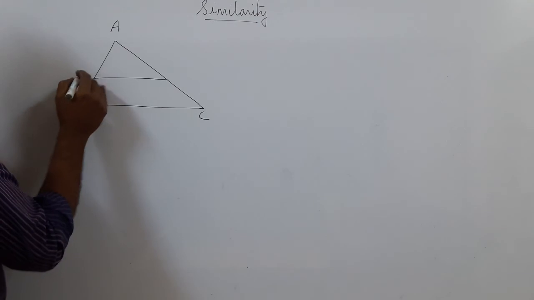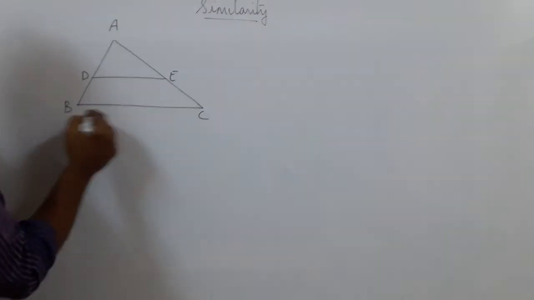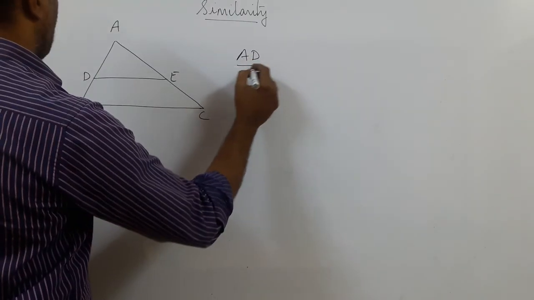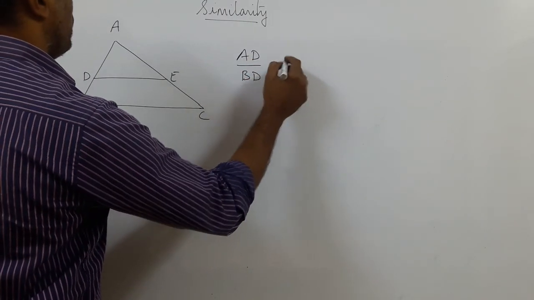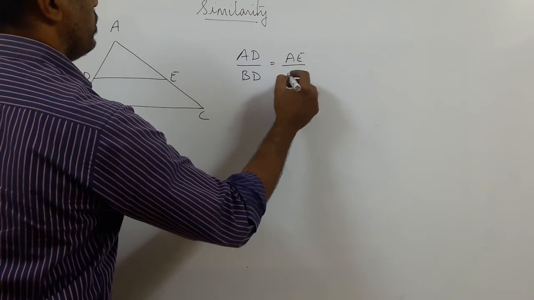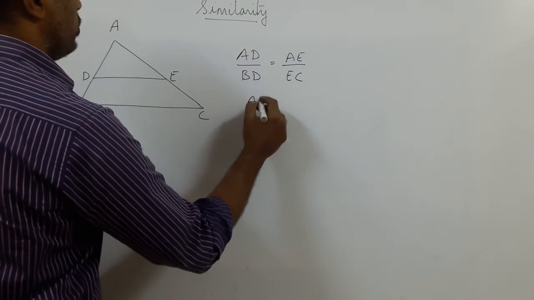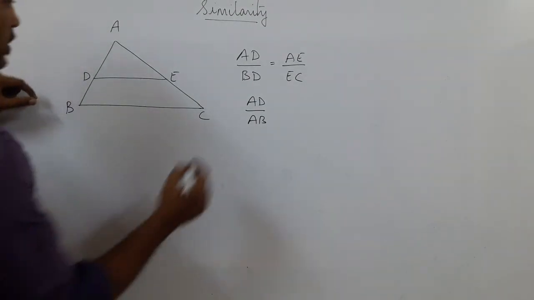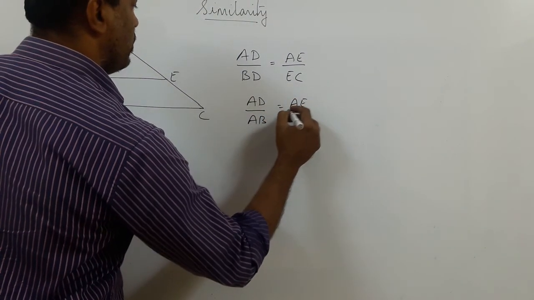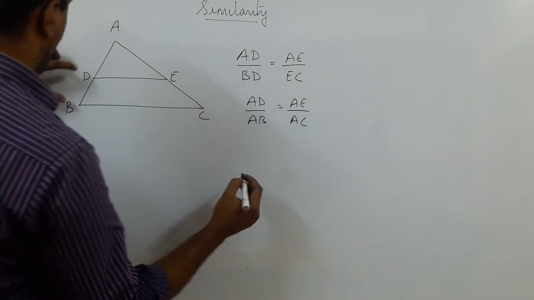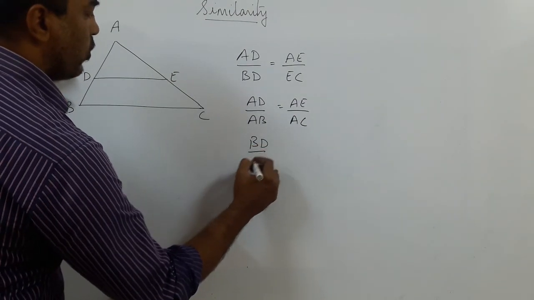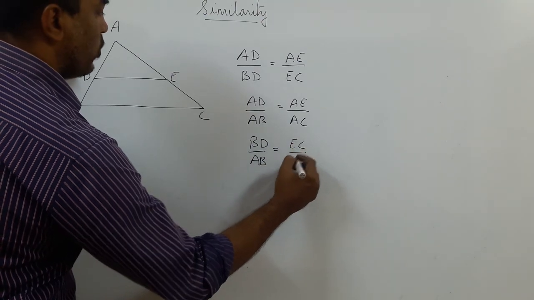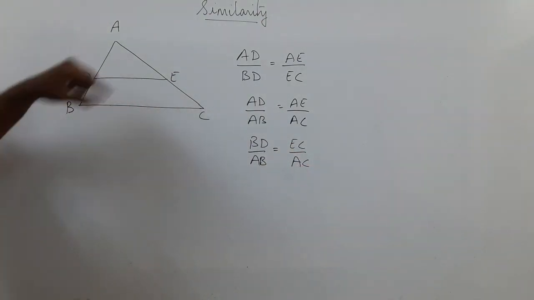What I saw, that if DE is parallel to BC, then we have AD upon BD equal to AE upon EC. Also AD upon AB equal to AE upon AC. And we had BD upon AB equal to EC upon AC. These three variations.